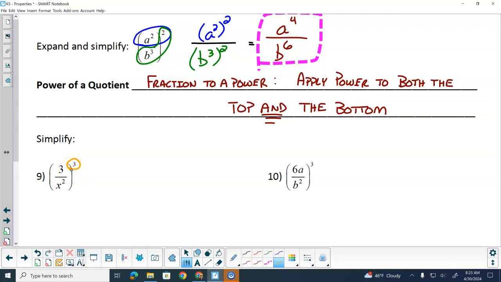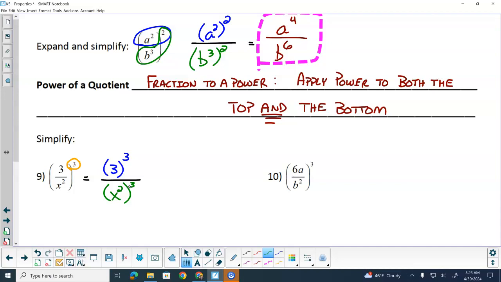That 3 needs to be applied to the top, so that's going to become 3 to the third power. That power needs to be applied to the bottom, so that means that's going to be x squared to the third power.